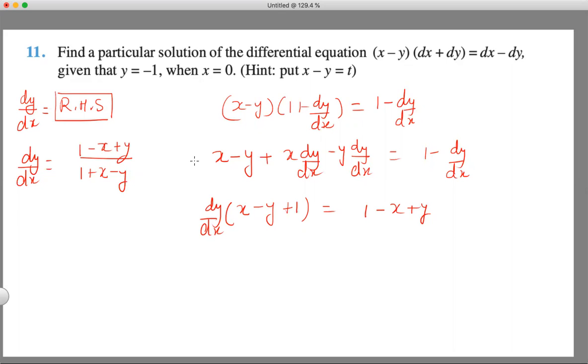So we have a problem. What is the problem with this now? Let's see. Can we separate out x and y from this somehow? न्यूमरेटर में केवल x रह जाए या y रह जाए, ऐसा कुछ कर सकते हैं हम? We cannot do that, right?